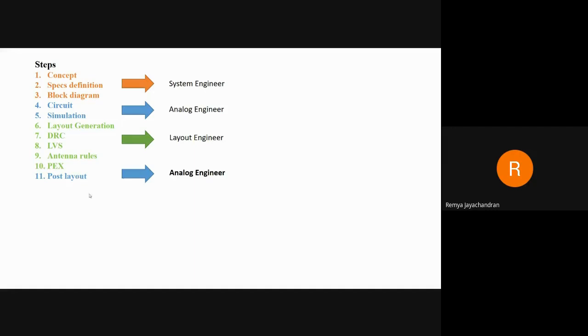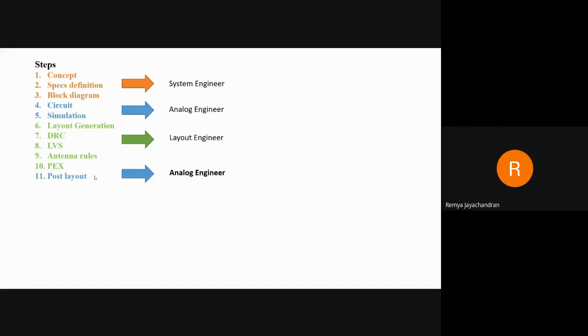And he will compare with the specification and with the pre-layout simulation. If there is any discrepancy in that, then again we have to change the layout. Again we have to go through all this process, and then again do the post layout simulation.